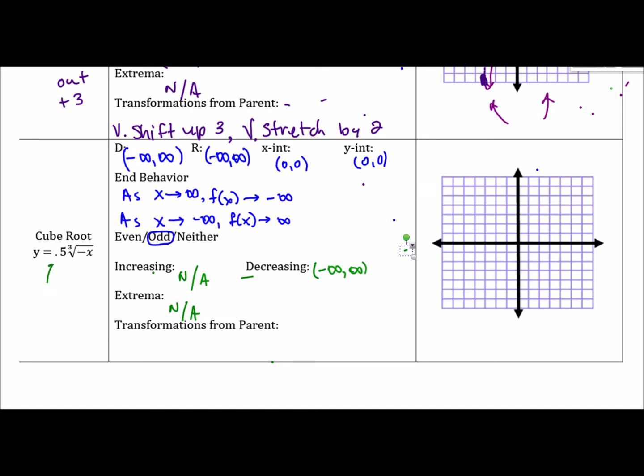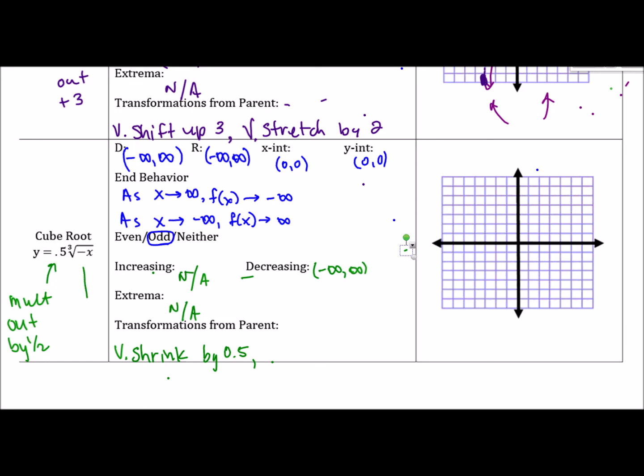Transformations, two changes have been made. We have multiplied outside by 1/2. Okay, outside means vertical. Multiply means either stretch or shrink. It's a 1/2, so it's got to be a shrink. And then you just say by what number you multiplied it by.